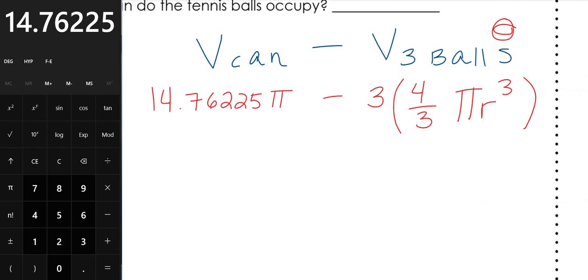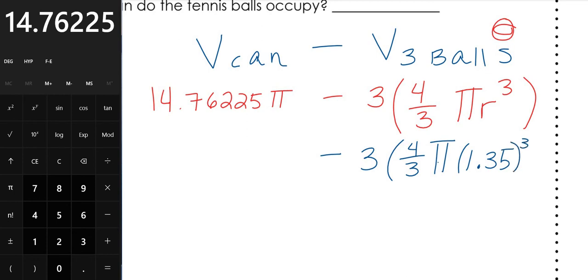So I'm going to do minus 3 parentheses 4/3 pi, my radius of 1.35 cubed, close parentheses. Now, for those of you that are algebra whizzes, you'll notice that 4/3 times 3 is going to have these 3's cancel. Because if you're multiplying by 3 and then dividing by 3, it's like you didn't do anything at all.